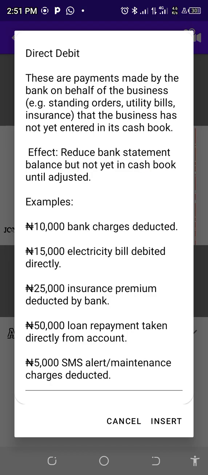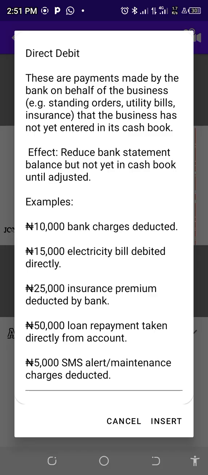Now, the direct debits. These are payments made by the bank on behalf of the business. At times, the business gives a standing order to the bank that part of the year, part of the month, it pays a certain customer. And that is what we call a standing order.